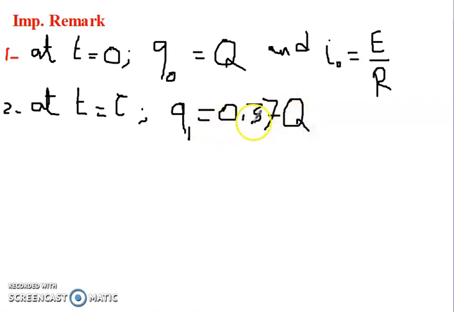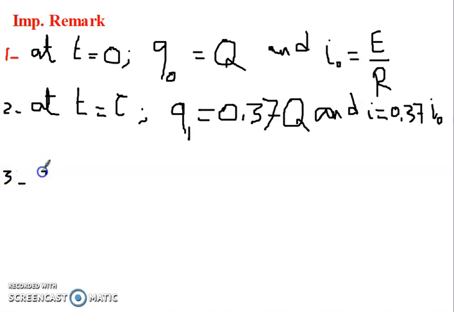I will leave it for you. 0.37 Q and I equal 0.37 I0. The initial current means opposite to the case of charging here. At T equal 1 tau, I mean after a time constant tau, the charge dropped by 63%, means the remaining is 37%.